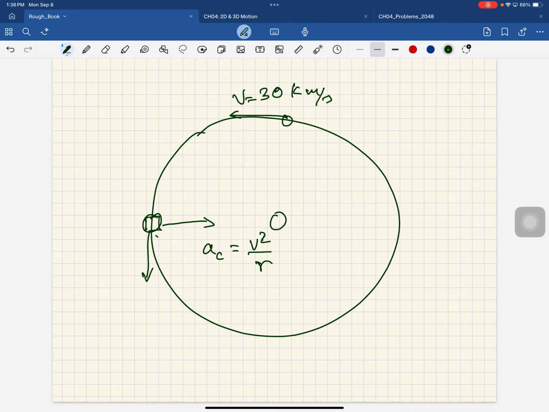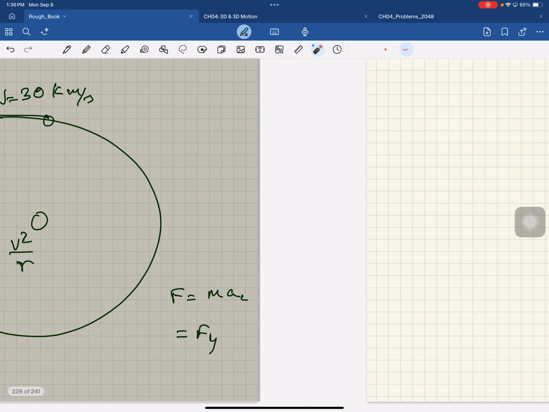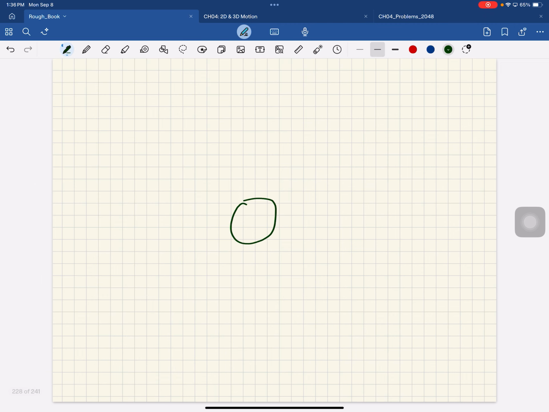Mr. Newton tells us that anytime you have an acceleration, you have to have a force acting on you. What is the force making the earth go around the sun? Yeah, the gravitational force. So the centripetal force has to equal the gravitational force. This could also be a satellite going around the earth. All those satellites go around at constant speed, and it's the Earth's gravitational force that provides the centripetal force.